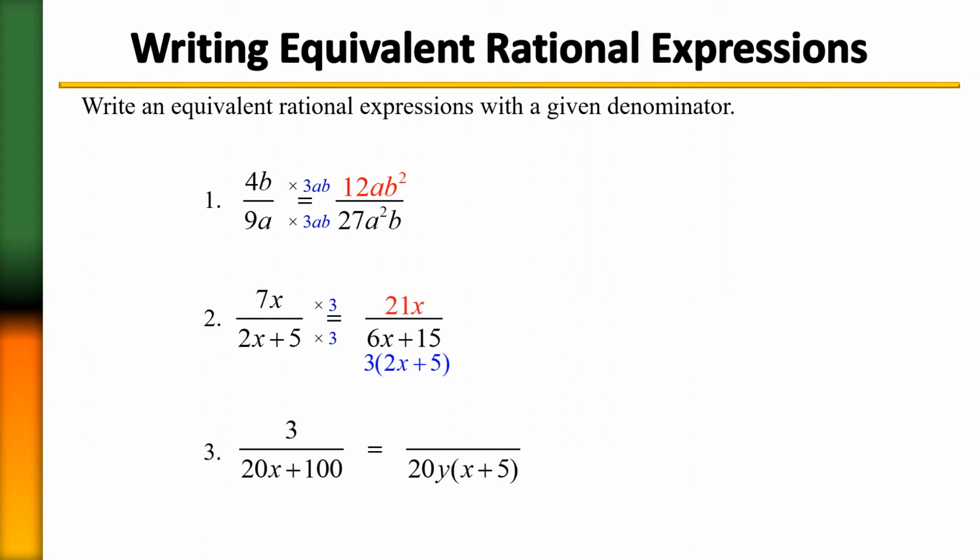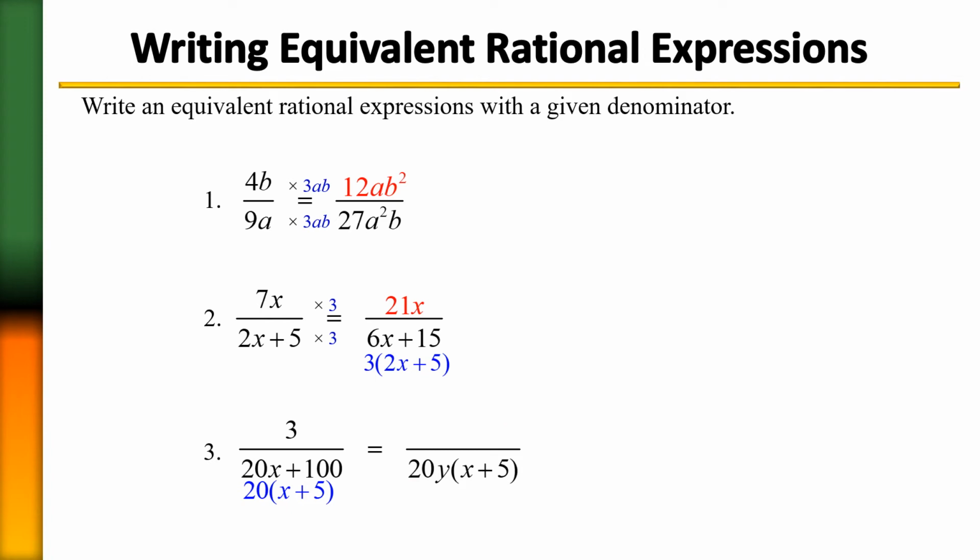Next, we're going to go ahead and factor the first given expression here. Remember, we factor anything that's not simplified. So let's take the GCF out of 20 and write what's left in parentheses. So what we have is 20 times x plus 5. And you say, what do you need to multiply that with in order to get 20y times x plus 5?